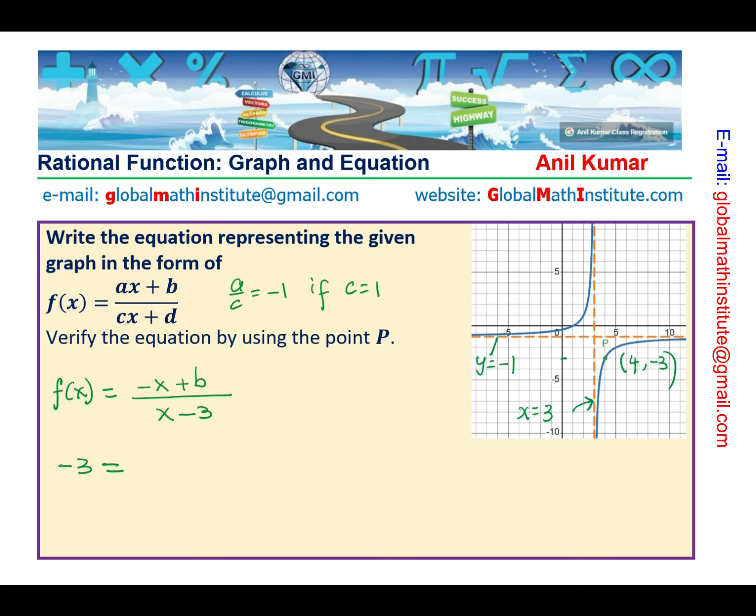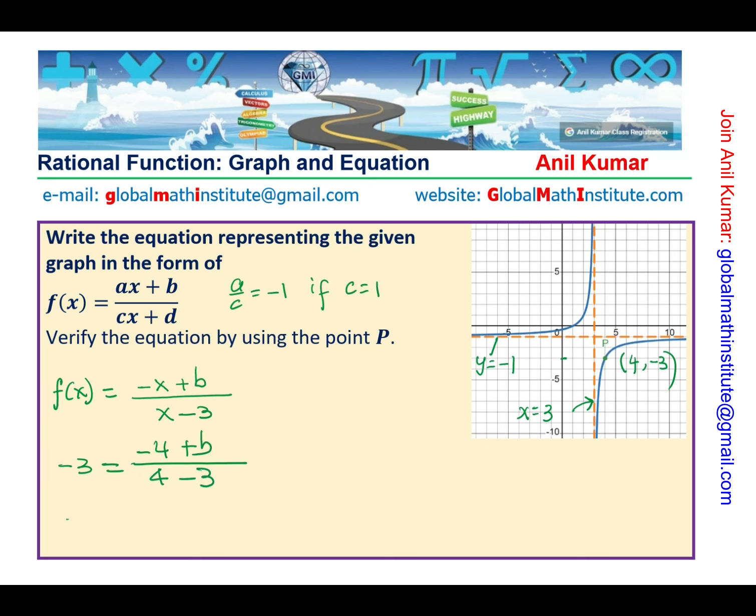and the value we need to find, x is minus 4, minus x is 4. So I'll write minus 4, correct? We need to find the value of b, and here we have x as 4, 4 minus 3, right? So clearly we have an equation which is minus 3 equals minus 4 plus b, right?